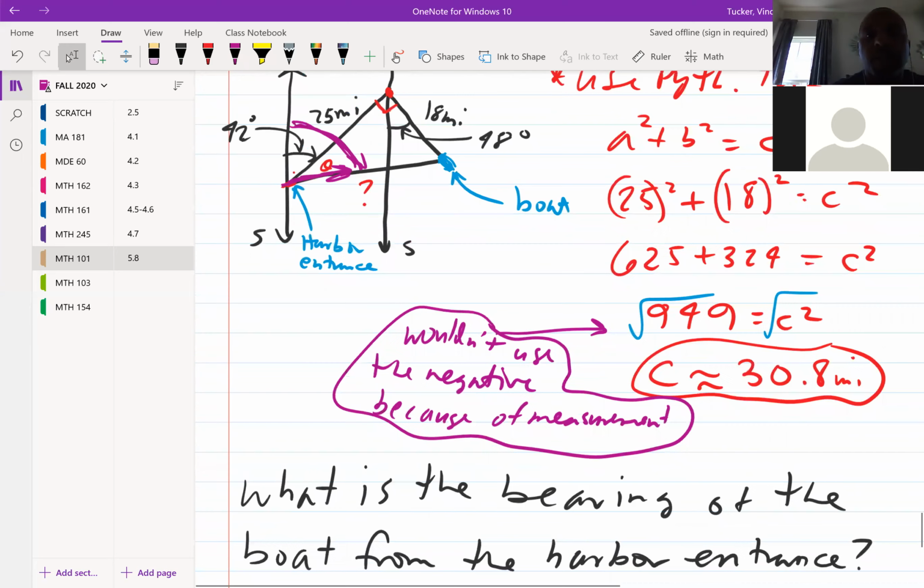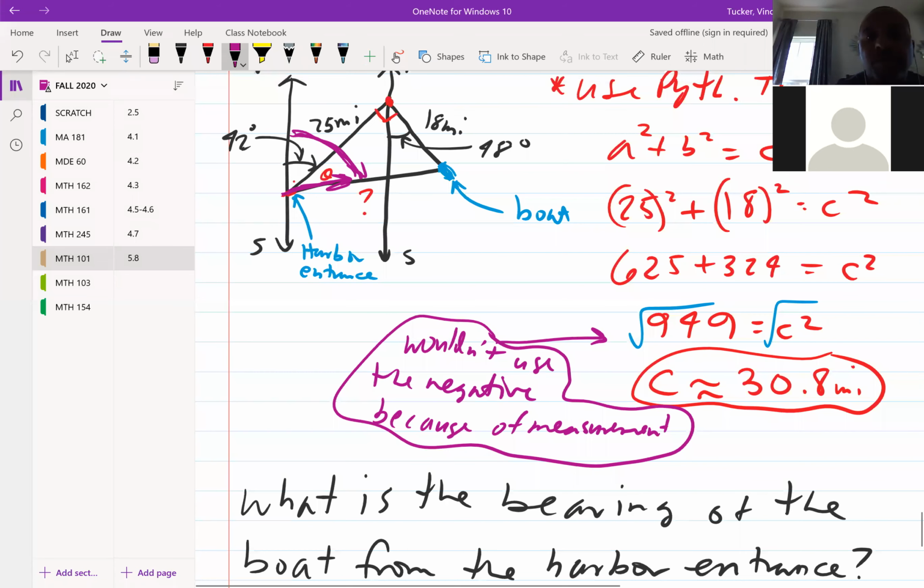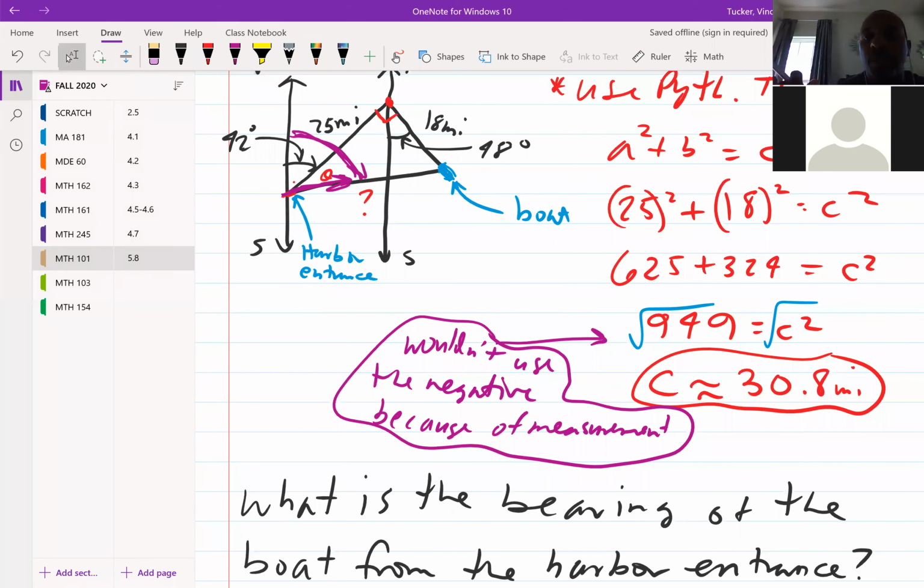So, well, let's find theta. We've got opposite over hypotenuse. If we go off what I was saying before, normally you don't use what you calculated, you use what's given. So if we're going to use what's given in order to ensure that we're using the most accurate information, we would do opposite, which is 18, over adjacent, which is 25.